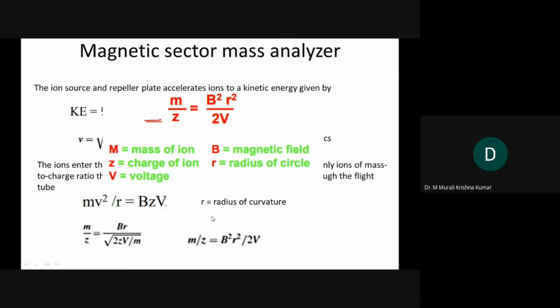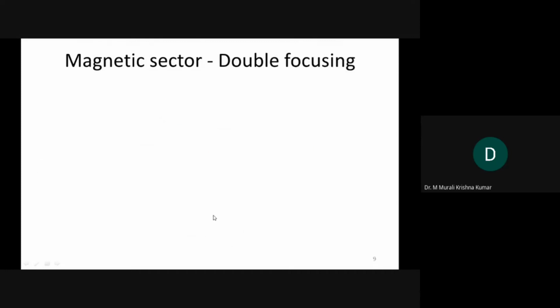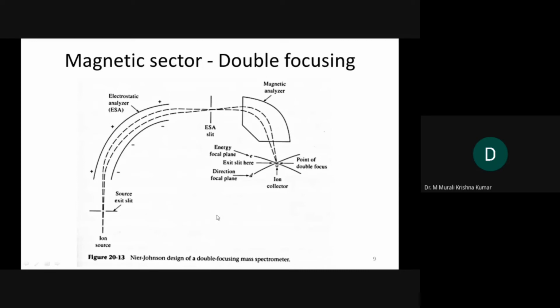So ultimately, this is the formula that we have: m by z is equal to B square R square by 2V. In magnetic sector, as I told you, tandem is possible to some extent. One possibility is double focusing, where two magnetic sectors are combined to each other through a slit, so that the ions generated over here will be submitted to another mass analyzer. Let's say we have 10 ions.